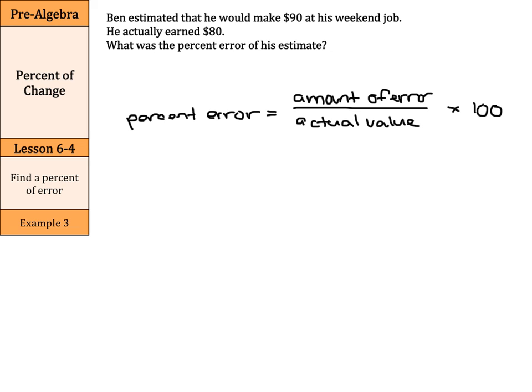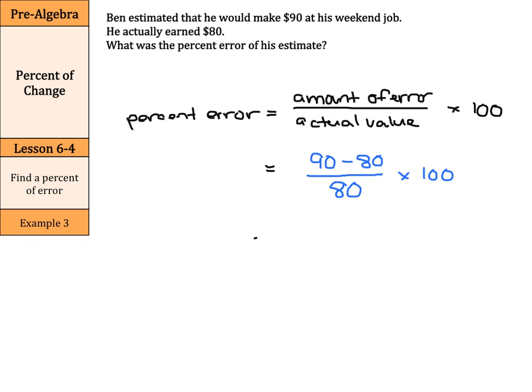Well, we need to figure out what our amount of error is. Well, our amount of error, he thought he would make $90. He actually earned 80. So the amount of error here is 90 minus 80, and we'll divide that by the actual value. He actually earned 80. And again, we'll multiply by 100 at the end.